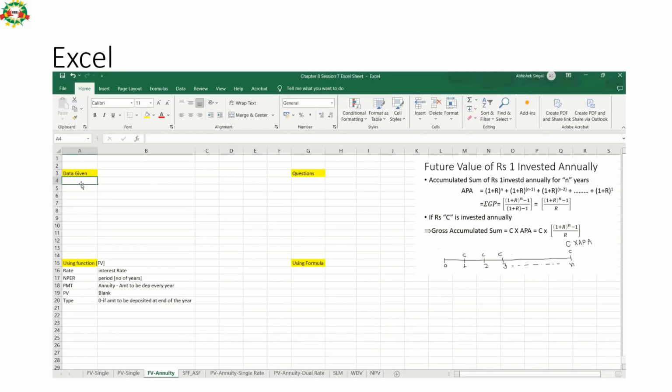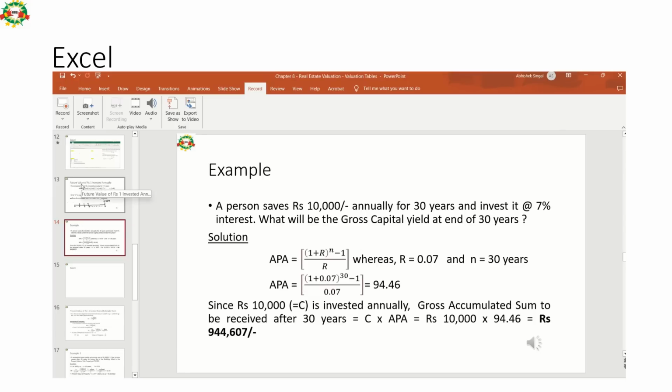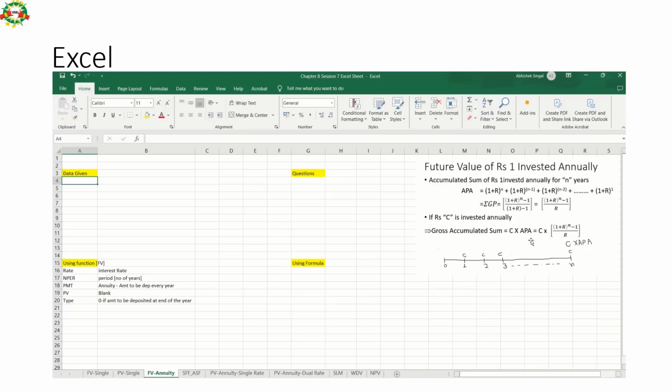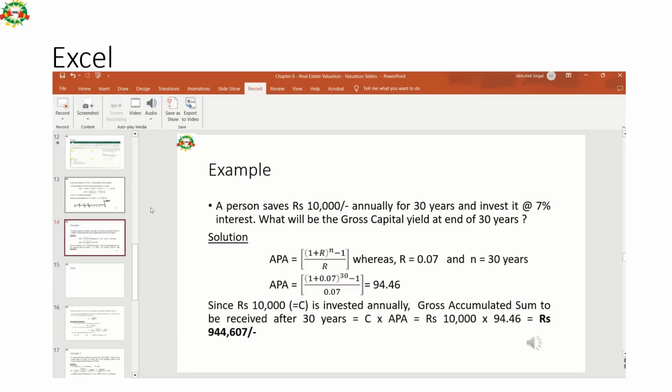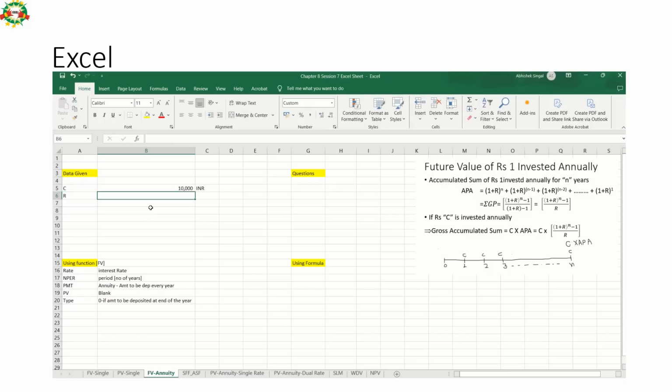Let us understand the same example with the help of an Excel sheet. Again, we have to write the data given in the question. Annual amount is 10,000 rupees. This annual amount is C. C is 10,000 INR. Then next is R, which is 7%, annual ROI.